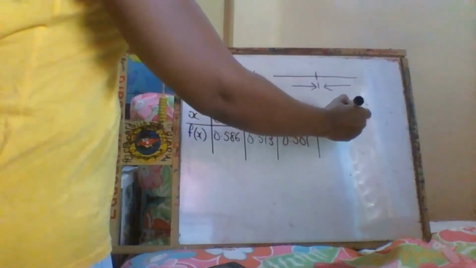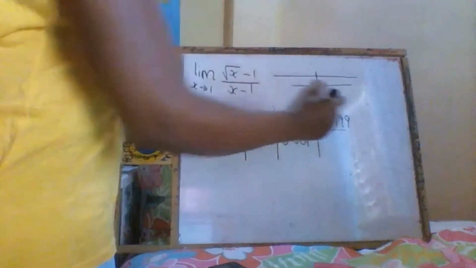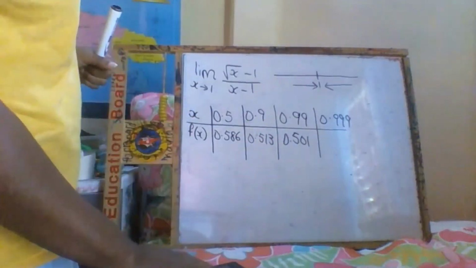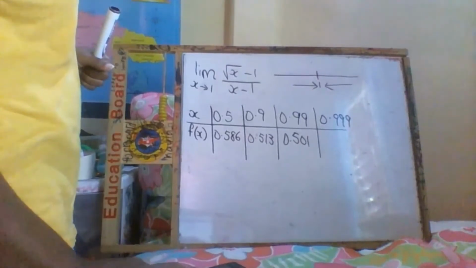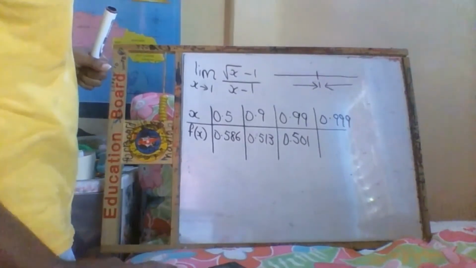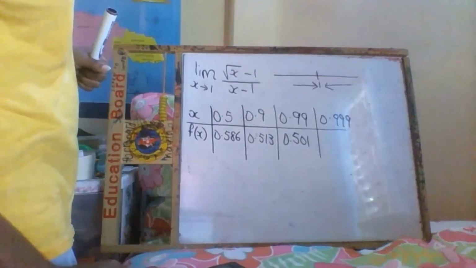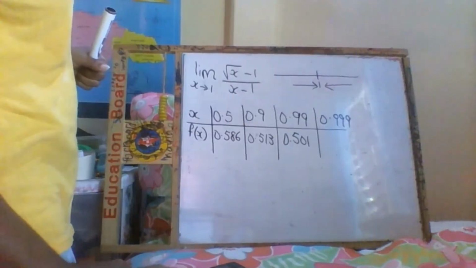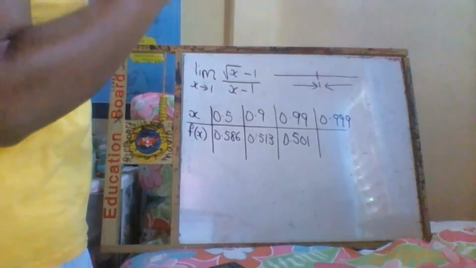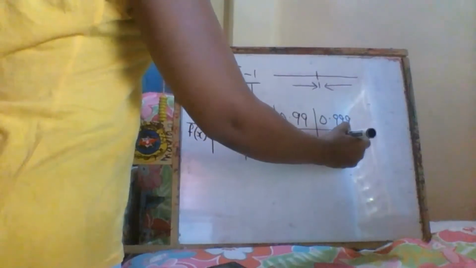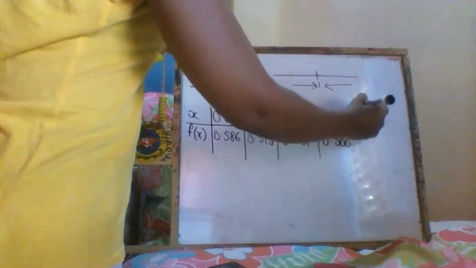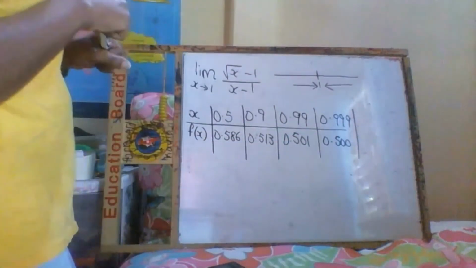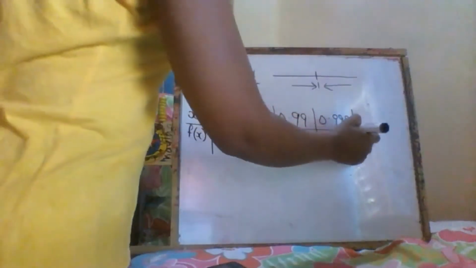Let's do 0.999. I get 0.500. I'm doing 3 SF. And then let's save 1 more.